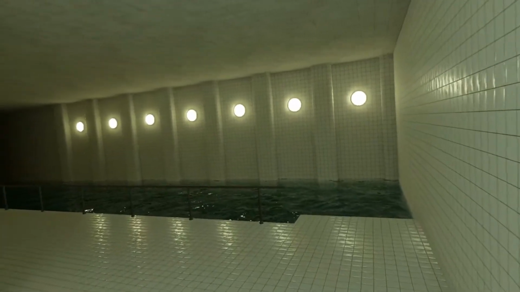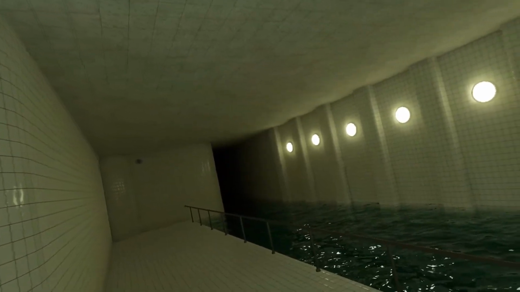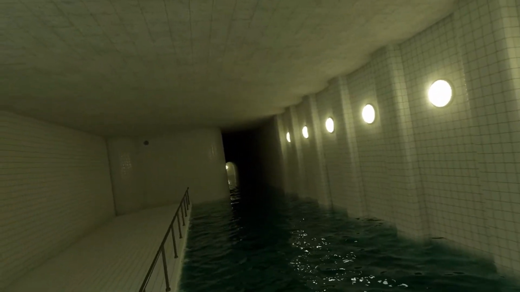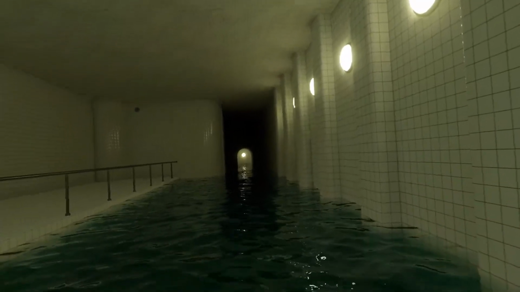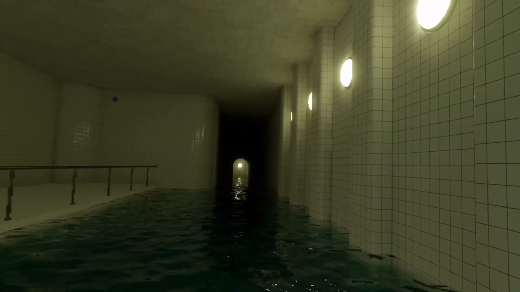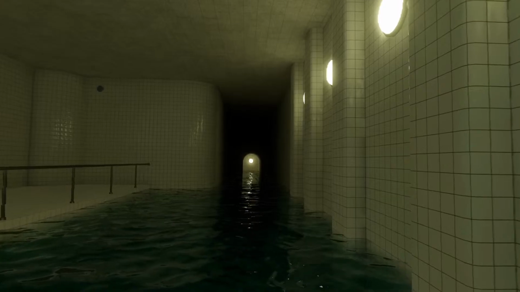Water looks bluer in here. Deeper. It was just me doing that.